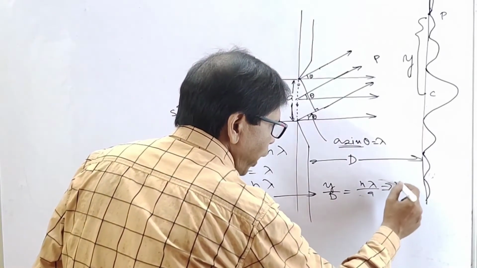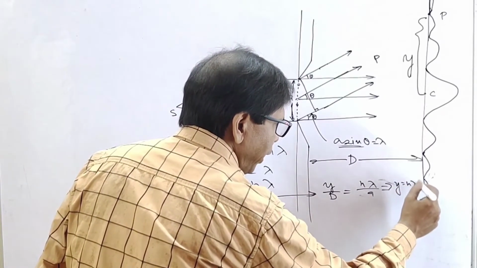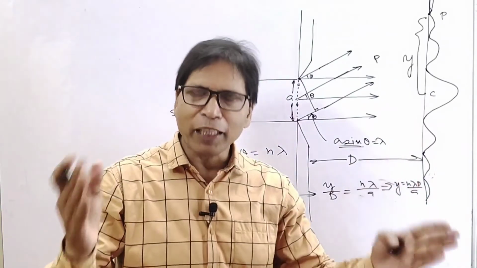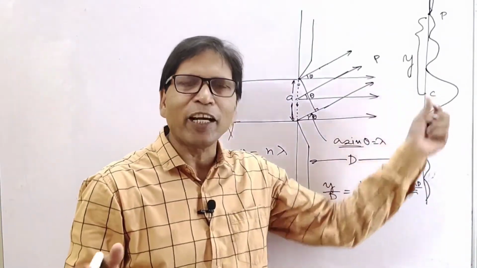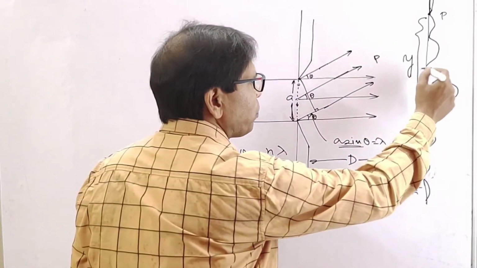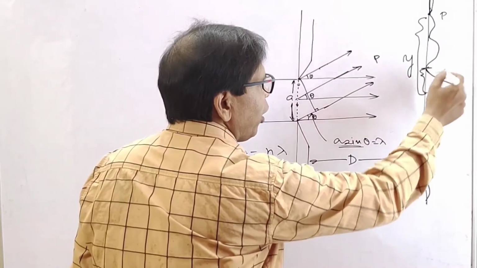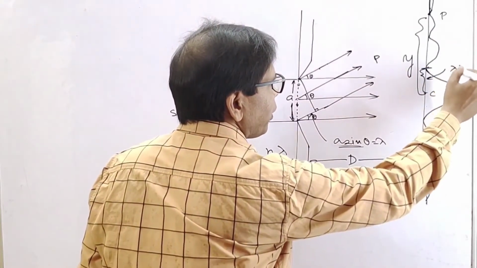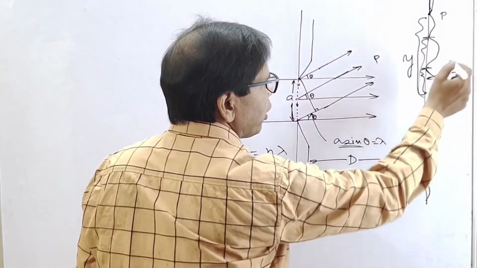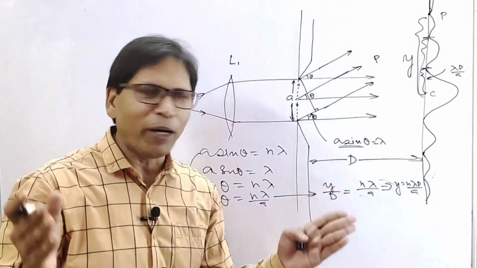So y equals n lambda D by a, which is the distance of the nth minimum from the center of the screen. So for the first minimum, from this point, this is lambda D by a. For the second minimum, from this to this is 2 lambda D by a.